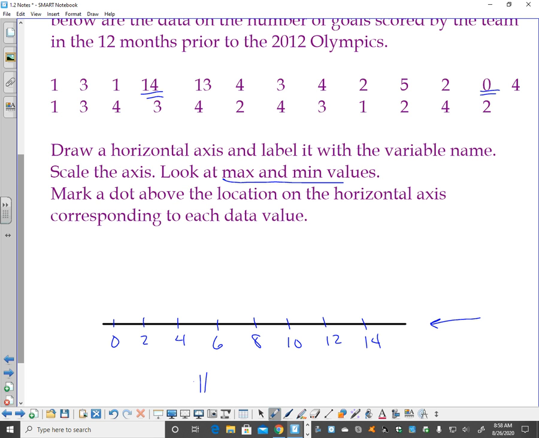I'm going to label it. Okay, so now I'm just going to make dots. So my smallest one is a 0, so he gets a dot.